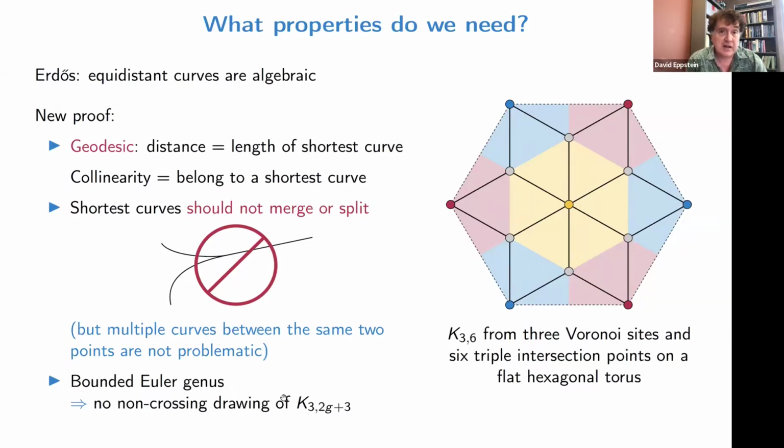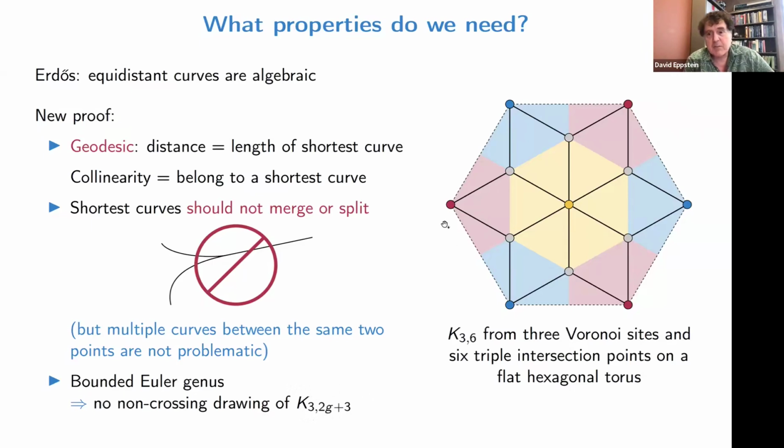And the reason for that, at least for this proof, is that if you have bounded genus, then there's a graph K3,2g+3 that cannot be drawn on that surface without crossings. But the size of this graph that cannot be drawn without crossings is linear in the genus.